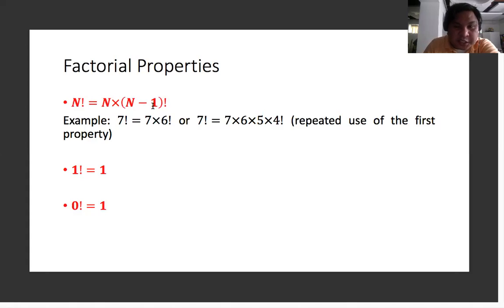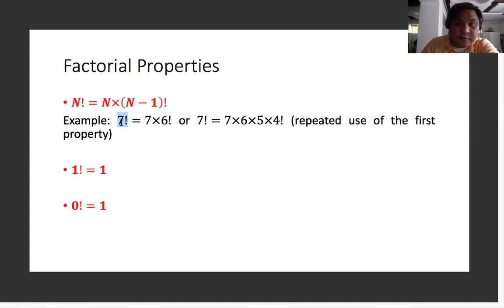So this one might seem a bit hard to understand, but if we look at the example, it could be made easier. For example, let's say we're computing for 7 factorial. Now, according to factorial property number 1, 7 factorial can be expressed as 7 times 6 factorial.